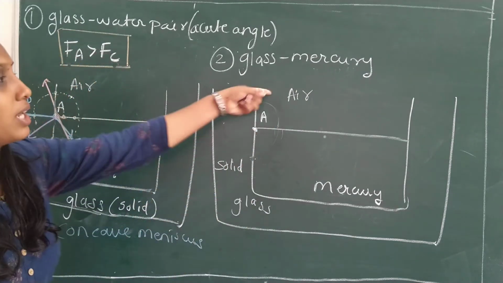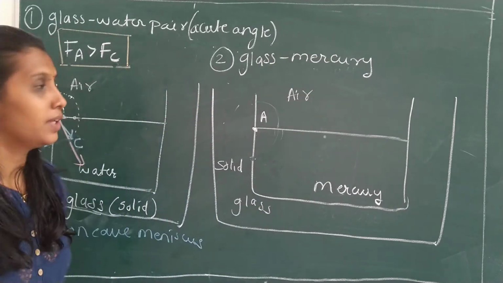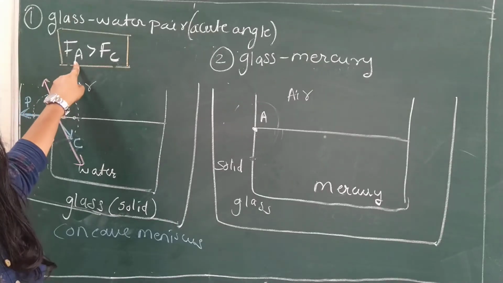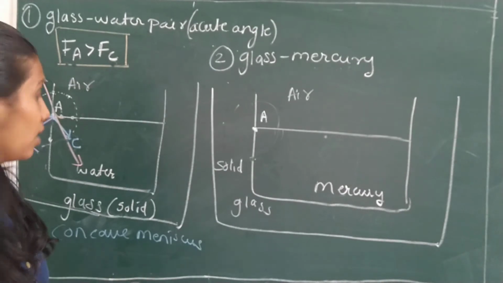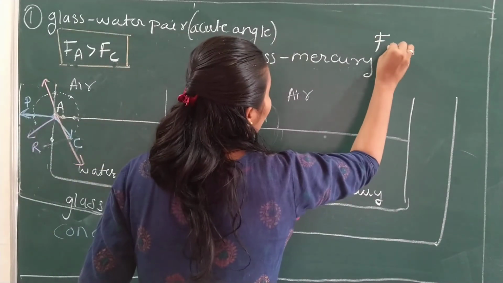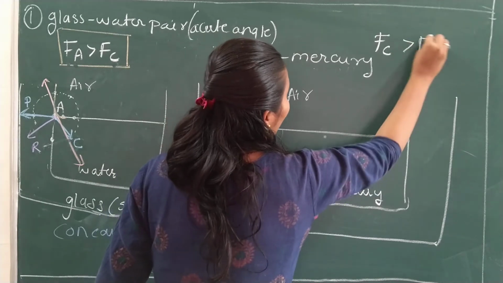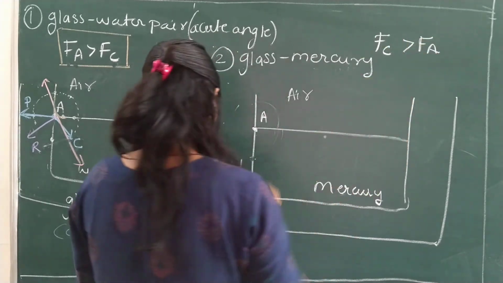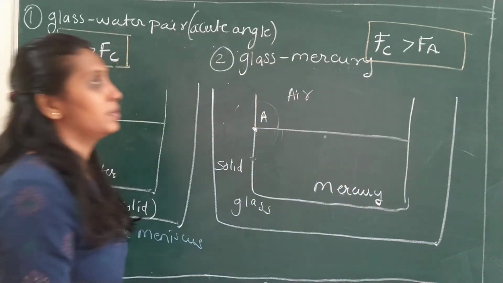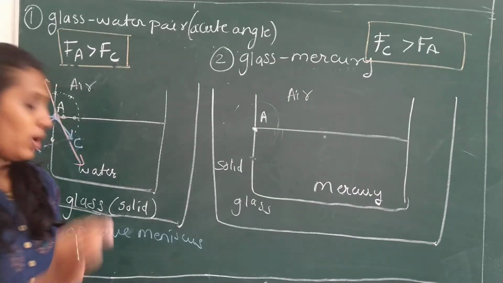But in the case of the glass-mercury pair, the thing is different. Earlier we had adhesive force greater than cohesive force, but in this case always remember your cohesive force is greater than adhesive force. This is a very important thing. If this is so, what happens?